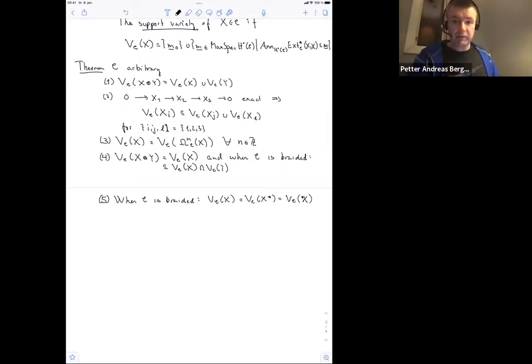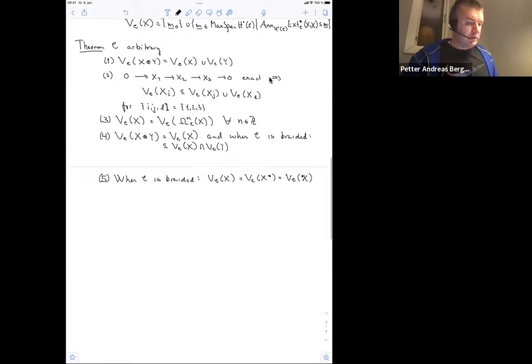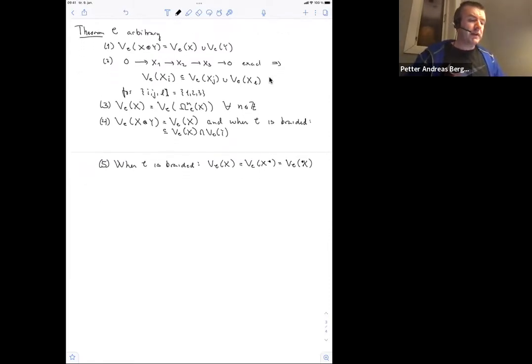I forgot to mention what braided means. Braided means that the tensor product is commutative, so you have functorial isomorphisms from X tensor Y to Y tensor X. It's not as strong as symmetric, so symmetric means that you have functorial isomorphisms whose square is the identity.